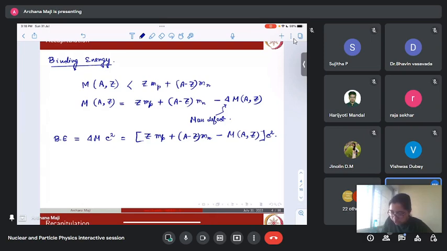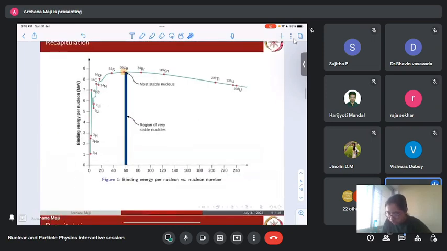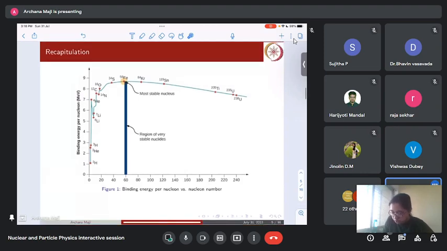This is the minimum energy that you need to give to the nucleus in order to separate it into its constituents. Now remember how the binding energy per nucleon versus nucleon number looks.